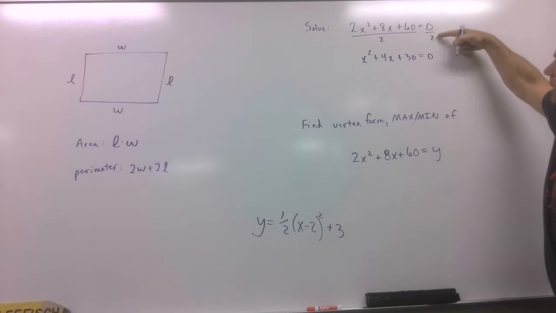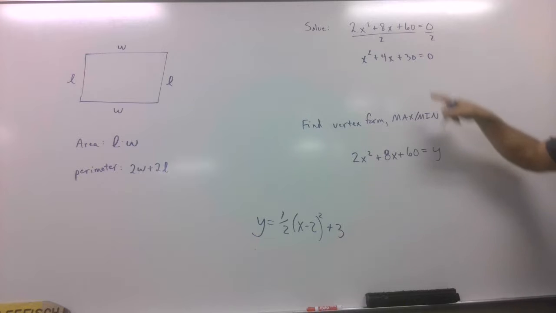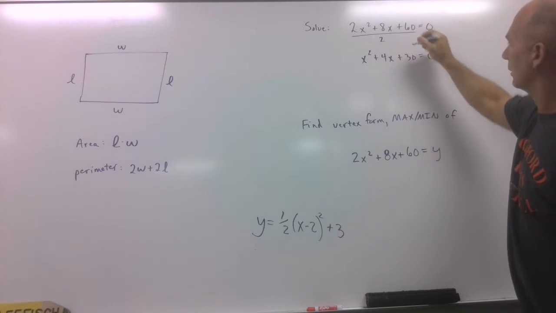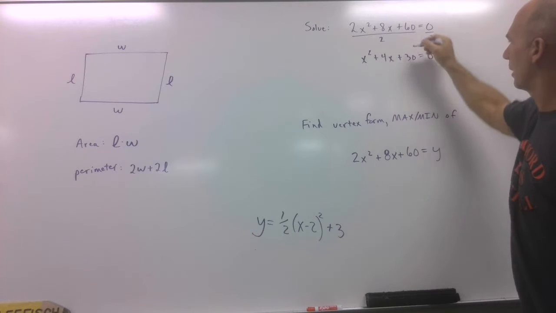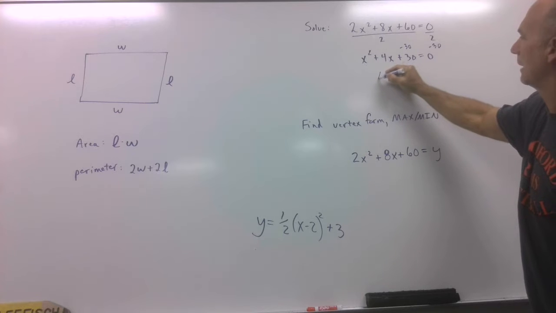Now look how nice that is. Notice this one's equal to y. We're going to have to handle that a lot differently. So that's the point I'm trying to make here. So if we were to finish this problem and do it the way we've been doing it, we'd say, hey, that's not a perfect square trinomial, so we're going to kick this to the curve. In fact, we're going to take it to the other side.